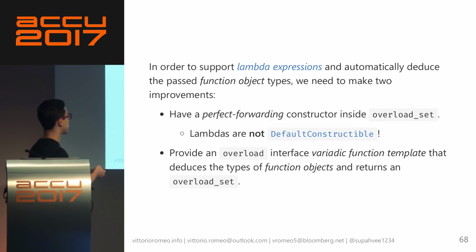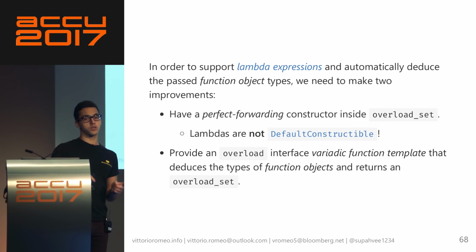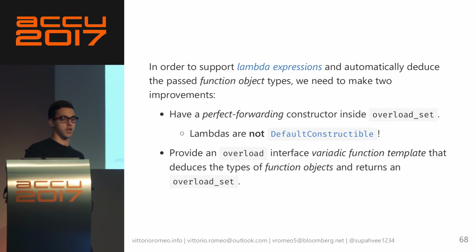So we need a perfect forwarding constructor. Also, we need to provide an overload interface, which is a variadic function template that can accept any function objects and will deduce their types for us, because there is no way of specifying the type of a lambda, and we obviously don't want the user to do that during visitation.